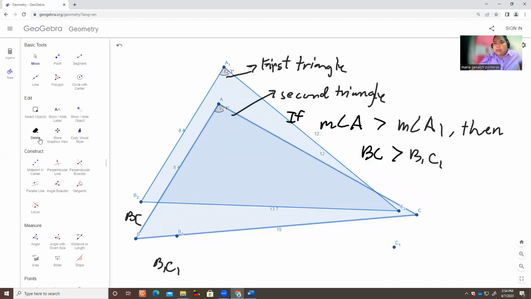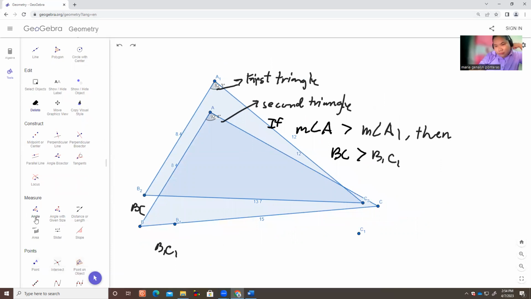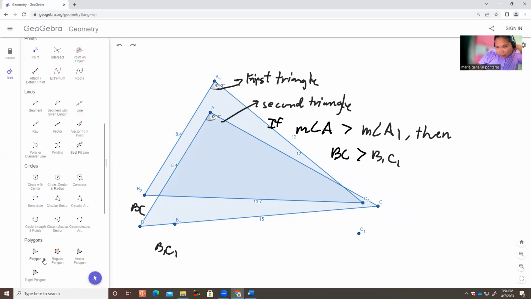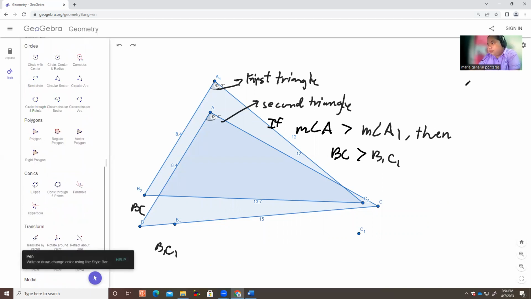So kung buburahin natin yung condition, palitan natin. So if angle A, so this one, is less than, so gawin natin A sub 1 ito.